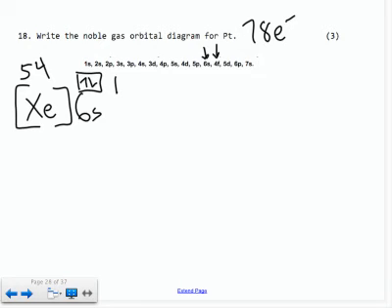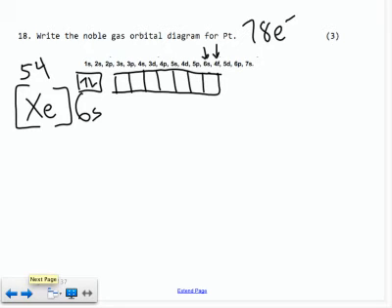And remember, f can hold 14 electrons. It has 1, 2, 3, 4, 5, 6, 7 boxes. And we're going to fill those all up. 2, 4, 6, 8, 10, 12, 14. So I've got 54 plus 2 is 56, plus 14, that gets me to 70.